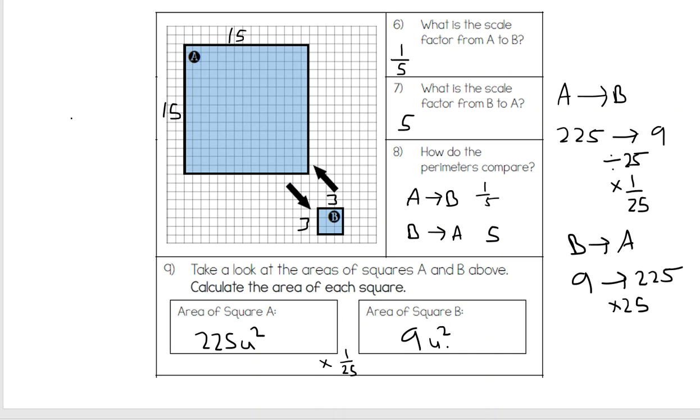And to go from B to A, we had to times by 25. Okay, so scale factors of the perimeters is the same, but the scale factor of the area is the scale factor squared. That will give you the scale factor of the area.